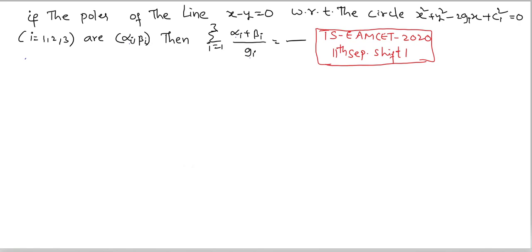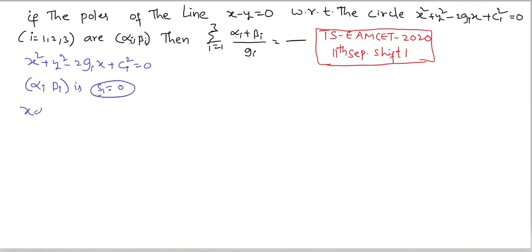Here is the given circle equation, that is x square plus y square minus 2gx plus c square is equal to 0. So the polar of (alpha i, beta i), the polar equation is S1 equal to 0, that is x alpha i plus y beta i minus g into (x plus alpha i) plus c square is equal to 0.